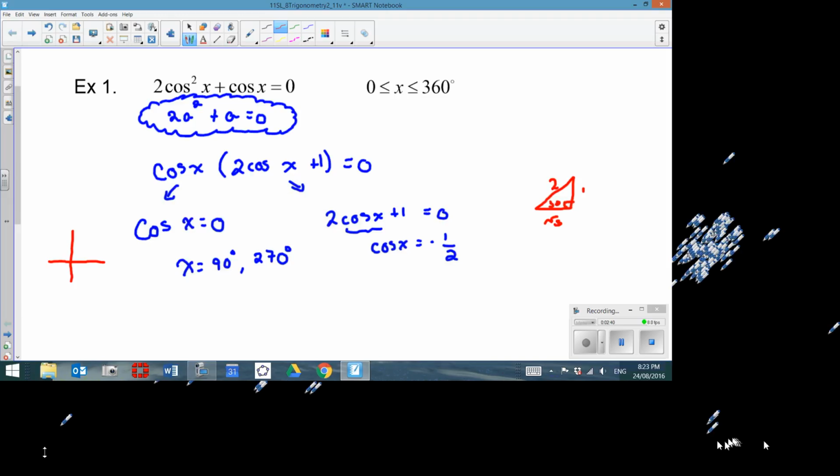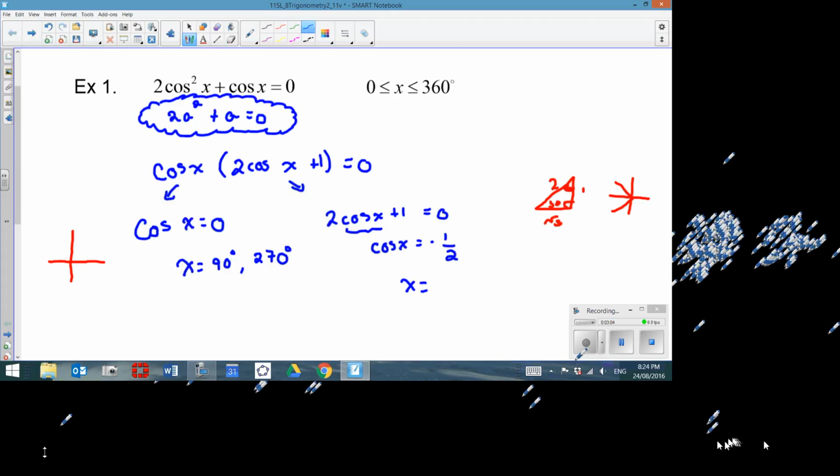So cosine would have to be up here. We'd have to be thinking about an angle in this corner, so that my adjacent and my hypotenuse would be 1 over 2. So I'm thinking of a 60-degree reference angle, and cosine is negative in the second and in the third quadrant. So I'm thinking of 120 degrees and then 240 degrees.